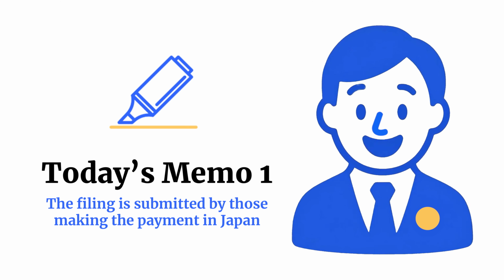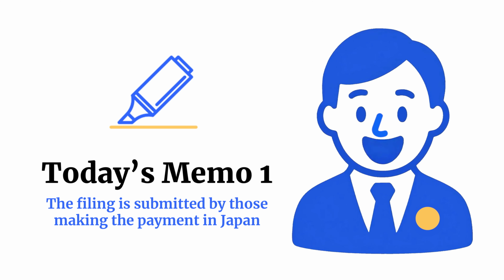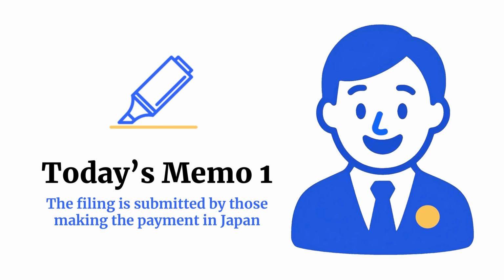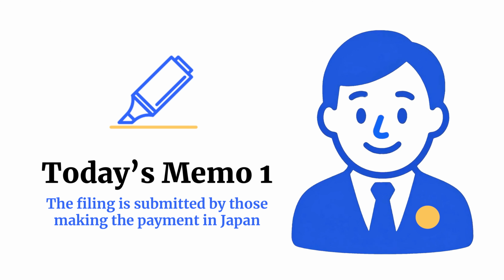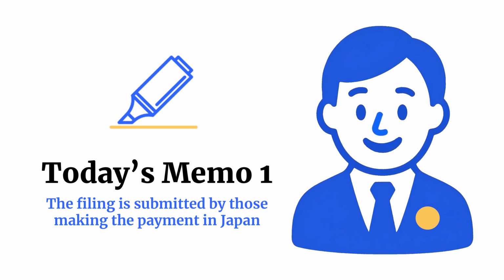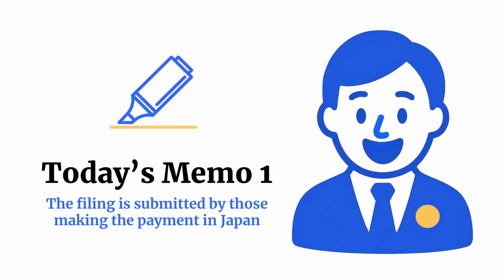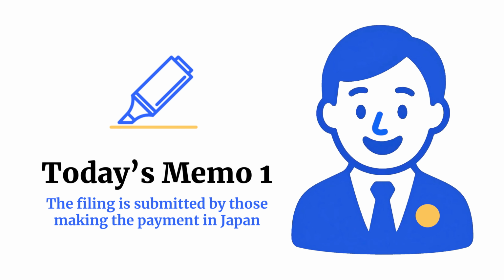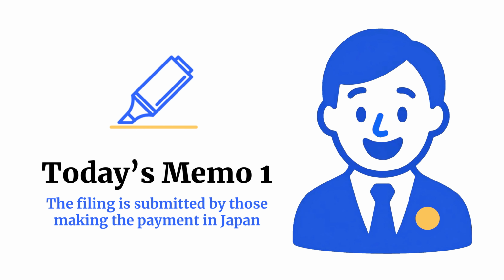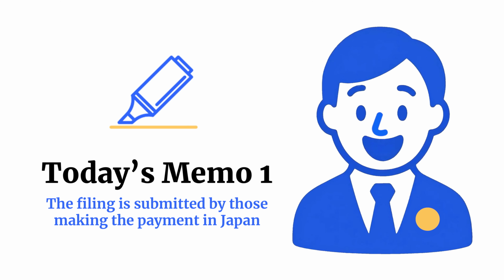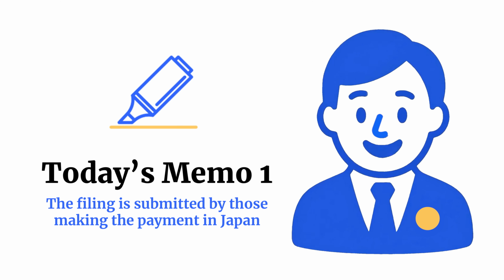This is a rule that appears only when dealing with overseas companies or individuals. So, if you are dealing with your usual domestic business partners, you do not need to worry about it at all. The first important step is simply realizing this payment recipient is located overseas.